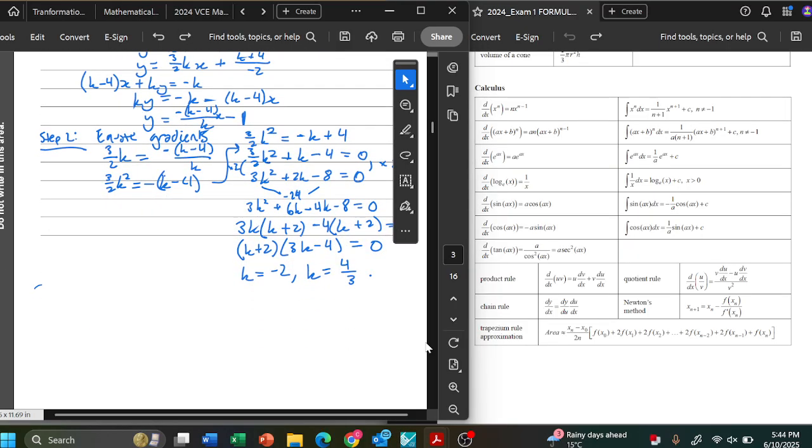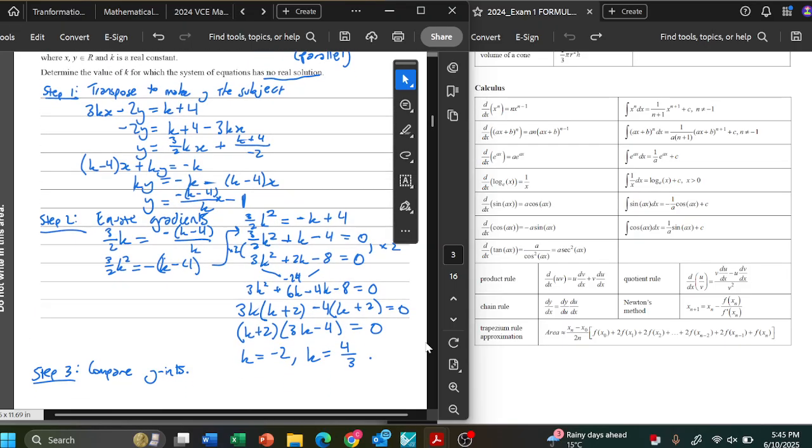So let's now go ahead and try and figure out which one's which. We're going to do that by comparing the y-intercepts. So let's go ahead and substitute them in. And just remember, we have the two y-intercepts up here. The first y-intercept is this bit. So the mx plus c form, remember that's y equals mx plus c.